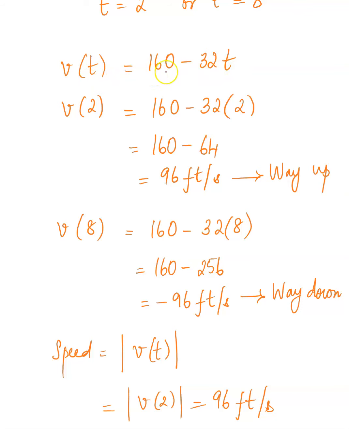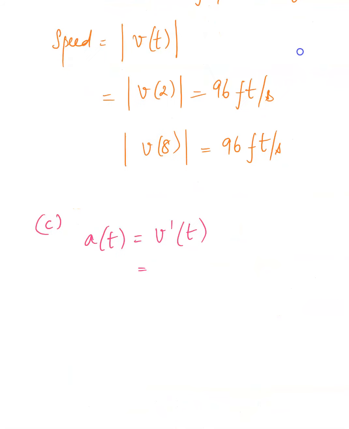The derivative of 160 is 0, because the derivative of a constant is always 0, minus 32. So v prime of t is negative 32, so it's basically negative 32 feet per second squared. And there is no t involved in this. It's a negative value. It's acceleration due to gravity here. And so we see that the acceleration is constant.